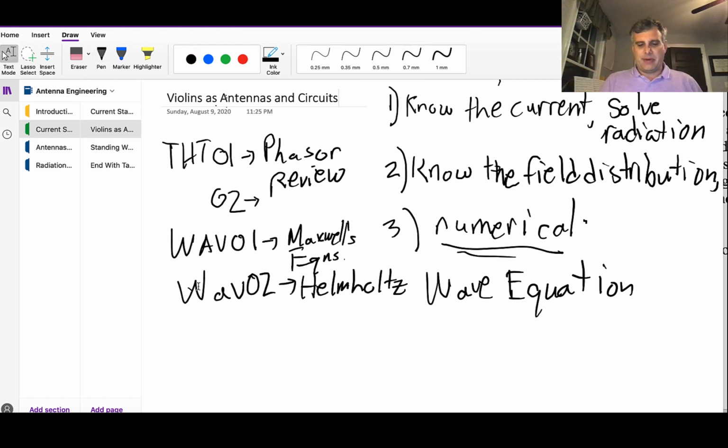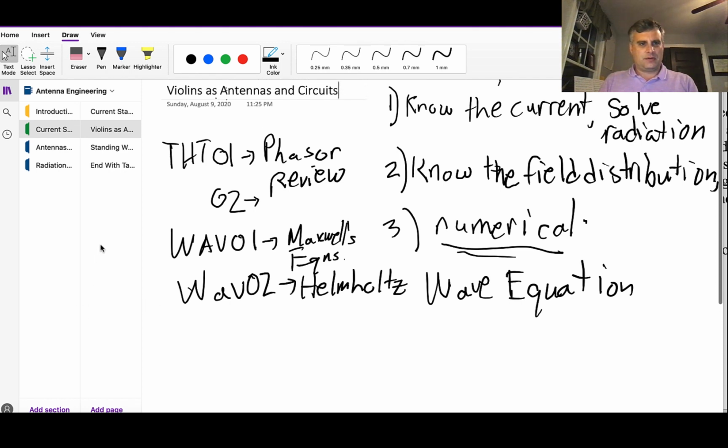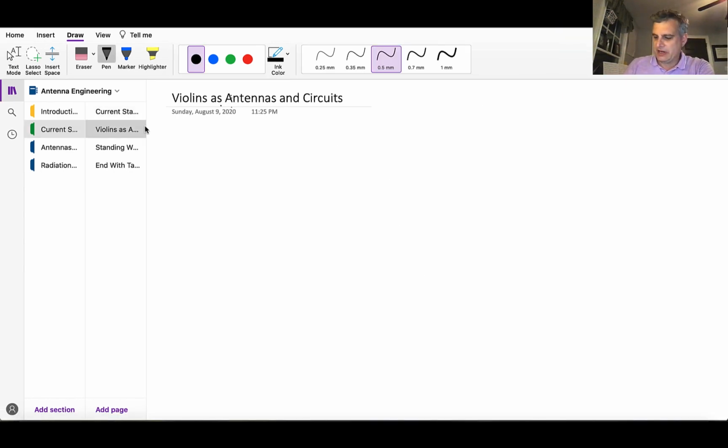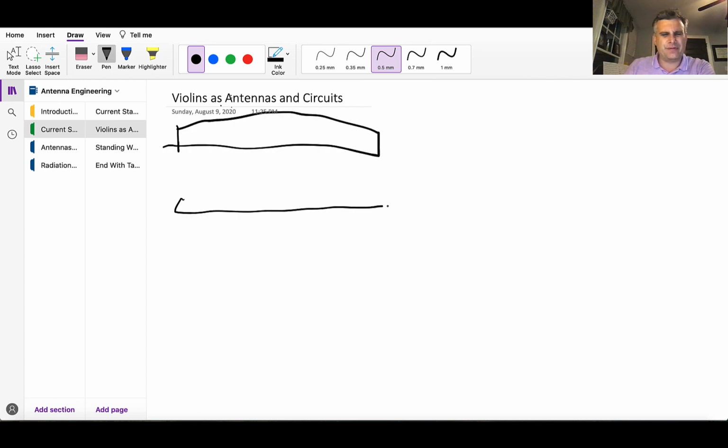So let's talk about the Phasor solution to the transmission line formulas here. Okay, so let's go ahead and write down the full solution in Phasor form for that transmission line of length d.